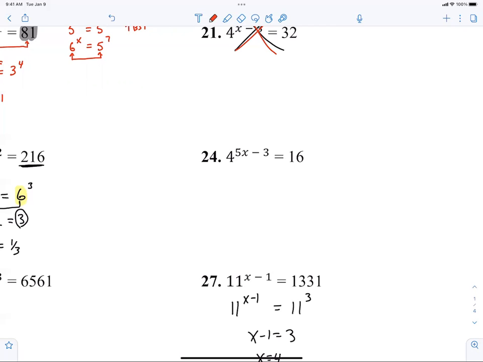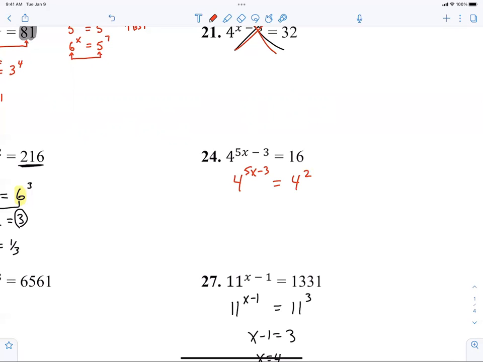All right, so here we go. So now I'm back on track. So what did I say? 16 is 4 to what power? Second, correct? Anybody have any issues with that? So now everybody's going to write down on their paper 4 to the 5x minus 3 equals 4 squared. Is everybody okay with that?